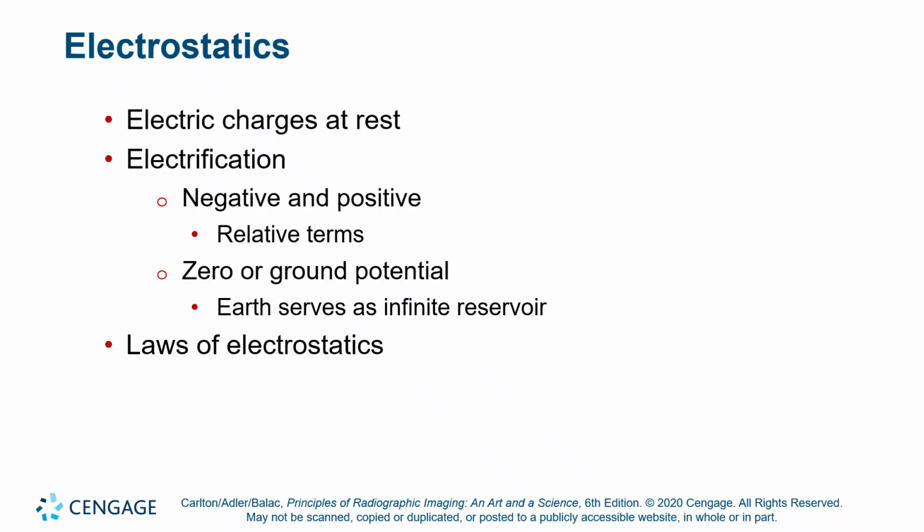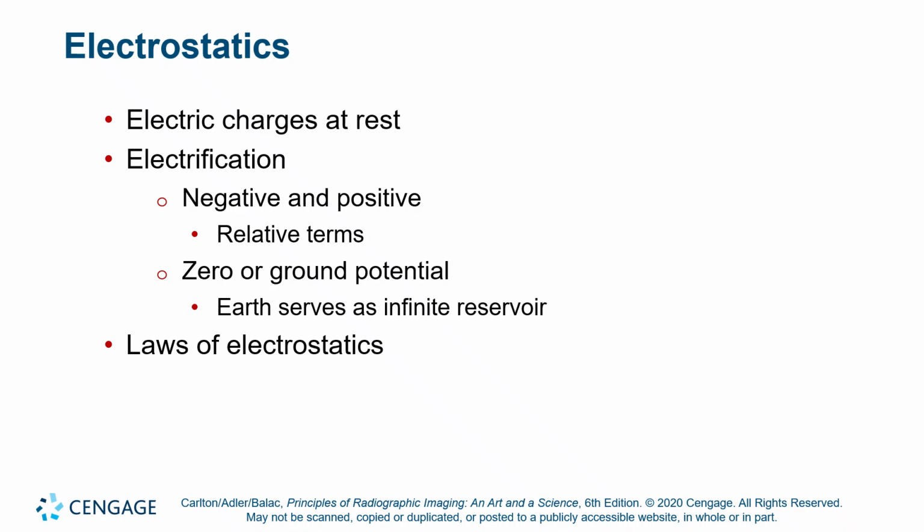Now it's important to remember that that is just a convention. We've all agreed that the electron has a negative charge and the proton has a positive charge. Okay? That's something we made up so we can better understand their behavior.